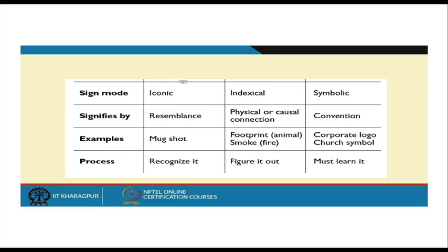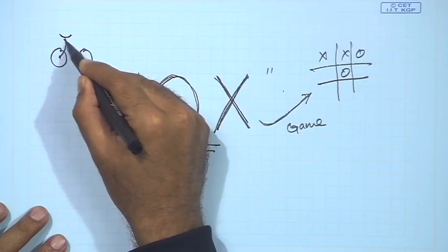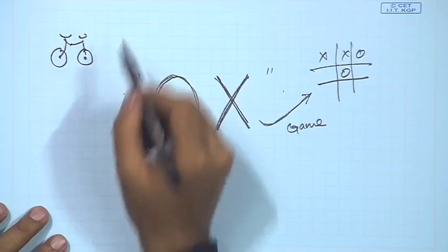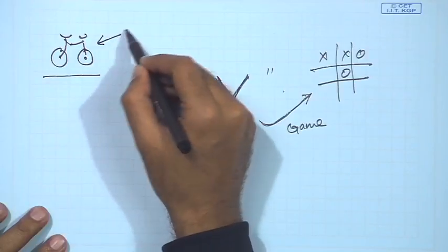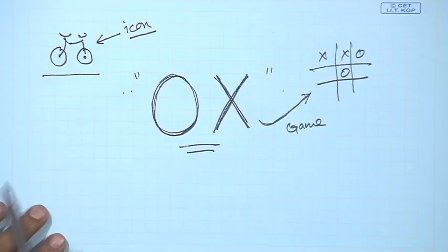The iconic sign mode depends on resemblance. If I am trying to represent a bicycle by a scribbling of a bicycle, for example, this becomes an icon, because it resembles a bicycle.